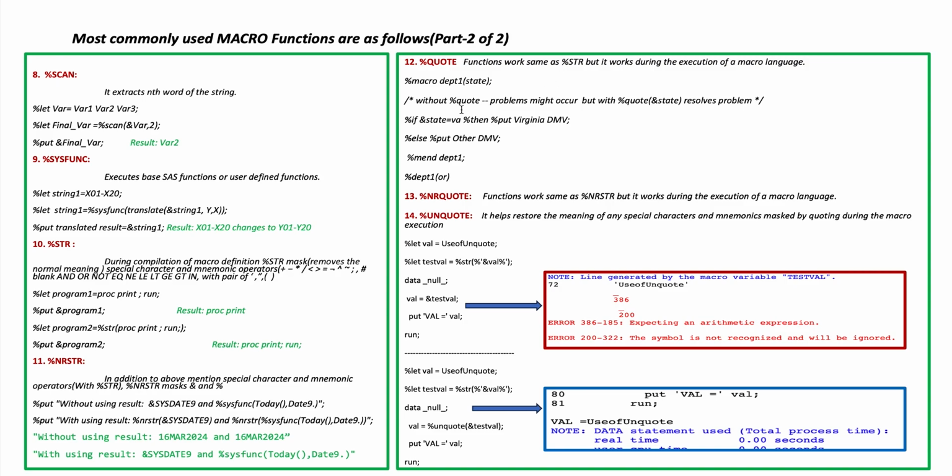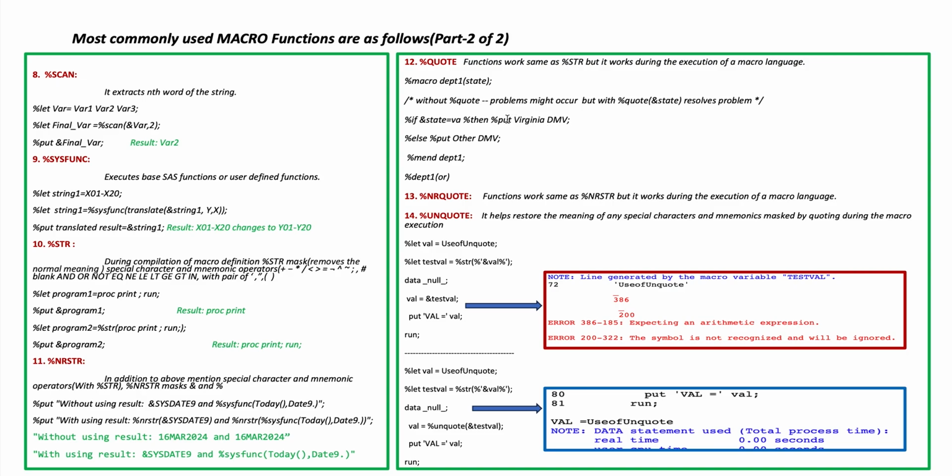Here is one example. We are using one macro by using %macro. dpt1 is the macro name, state is the macro variable, and we are using an if condition, a logical condition here. %if &state = VA %then %put Virginia DMB.